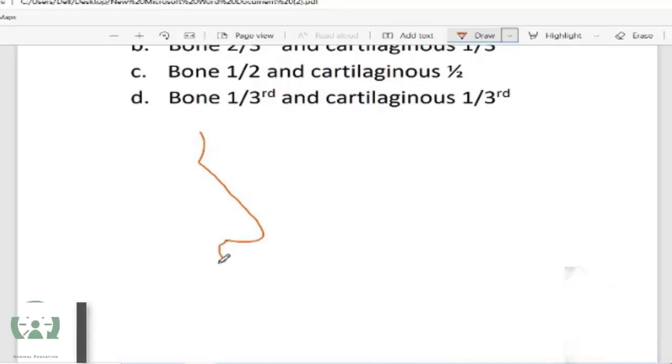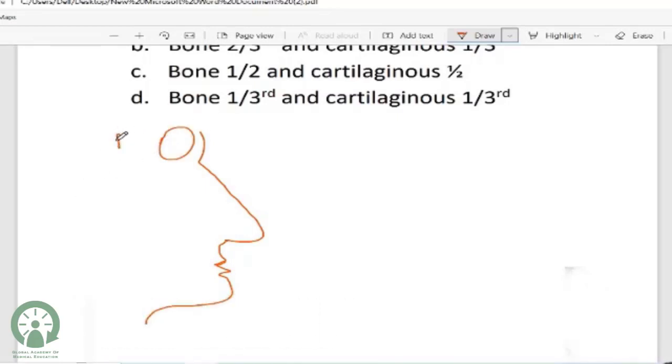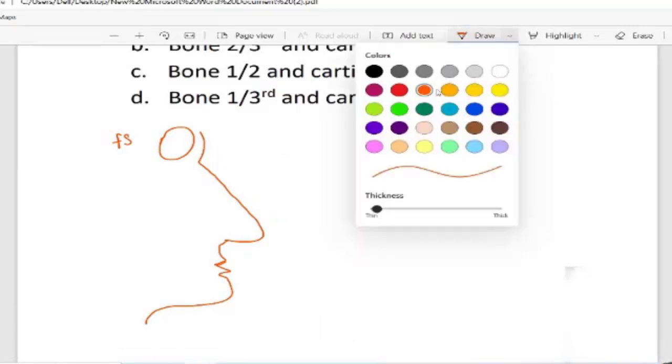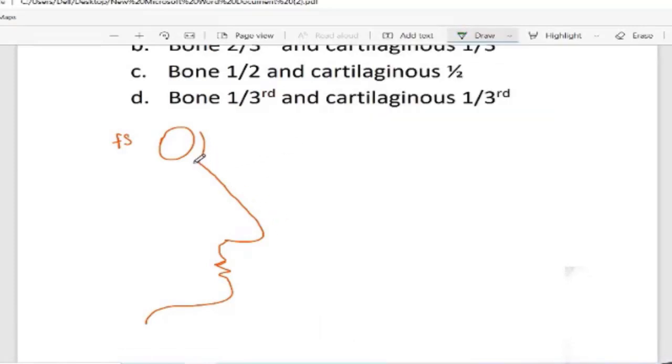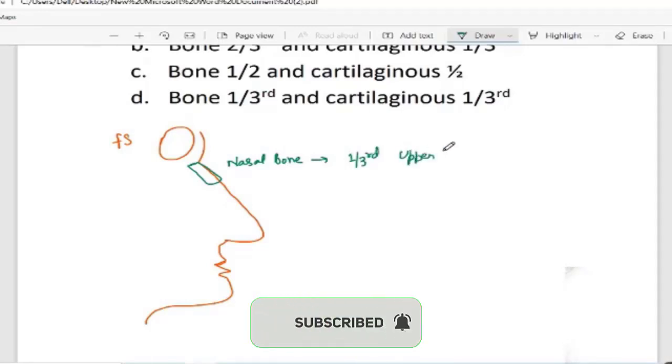So the external nose is somehow like this. Above there is the frontal sinus. This is the frontal sinus, and this is my external nose. In the external nose, in the upper 1/3, on both the sides there is the nasal bone, which constitutes around the upper 1/3 part.